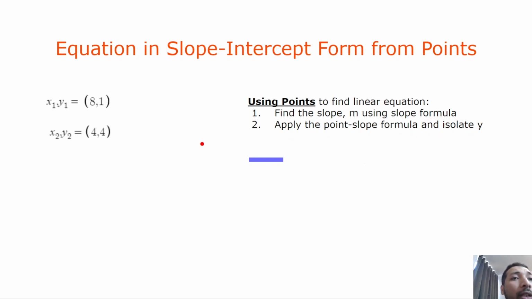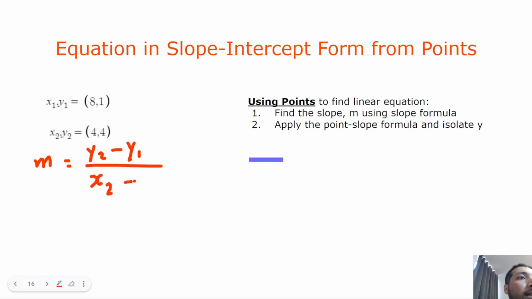So first, let's try to find the slope. For slope, the formula is m equals y2 minus y1 over x2 minus x1. Now we plug the values in over here.